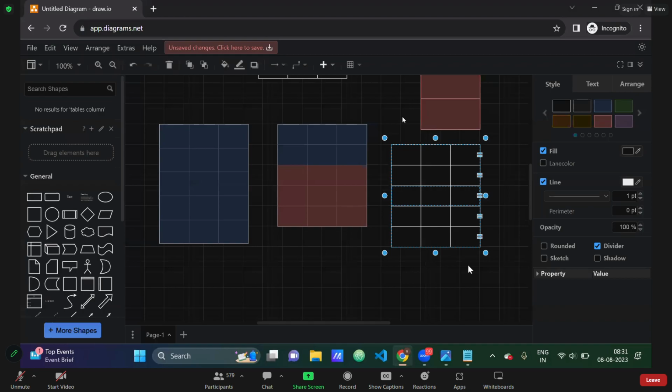Now, coming to the third possibility, what can be done? Same, 3 vertical and 2 horizontal, right?